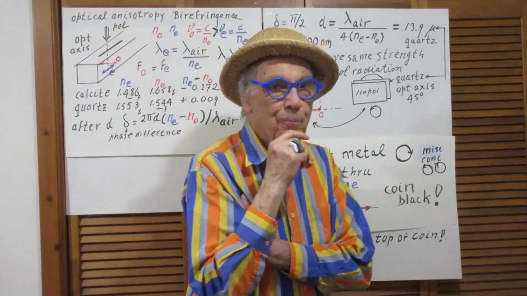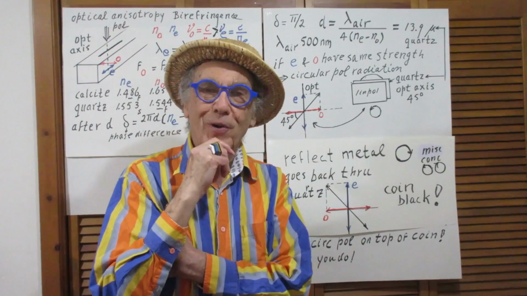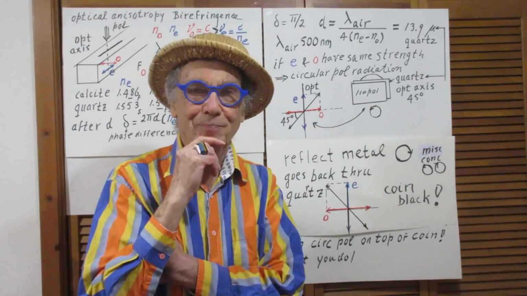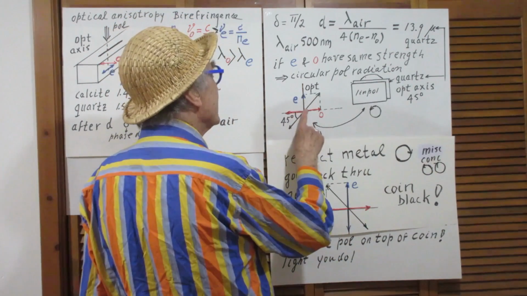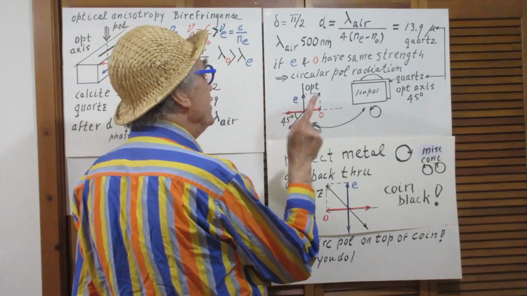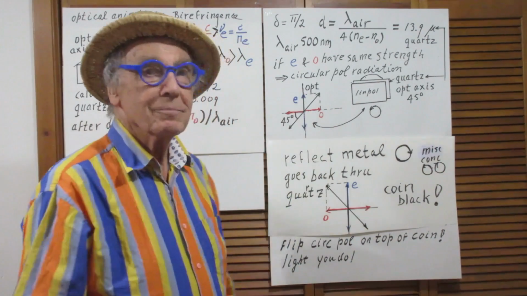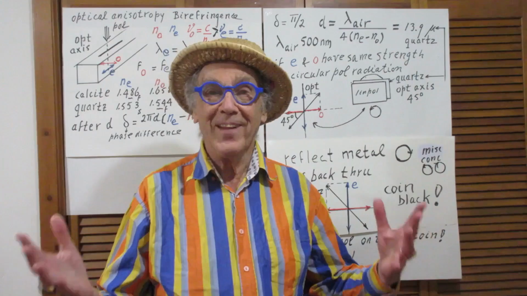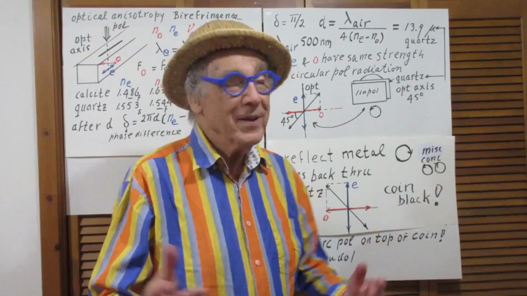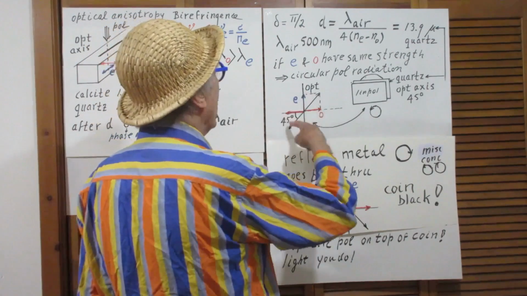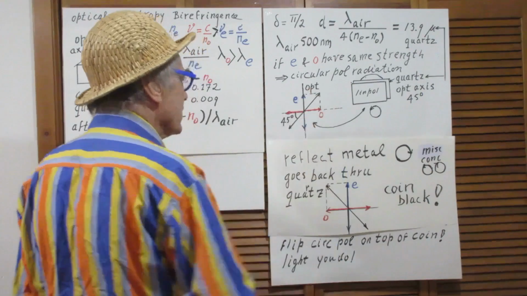So now, what we have created is circular polarized light, because now we have changed the phase by 90 degrees between these two components. And that shouldn't take you very long to see that now the E vector will be rotating like this, going around in a circle.